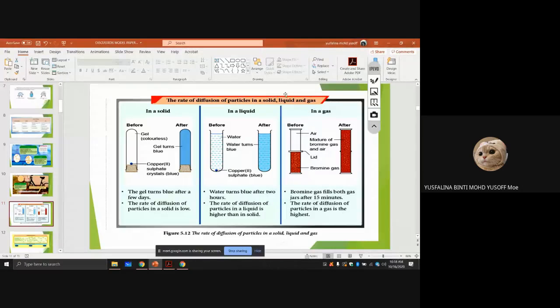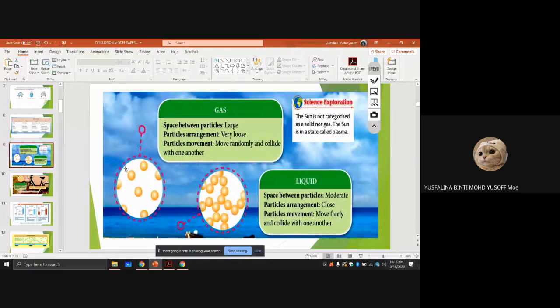So why is that? Because in a gas you can see the arrangement of particles here has very large space. So the other particles can easily diffuse between these molecules, because there is a lot of space, so the other particle can just go inside and fill the space.